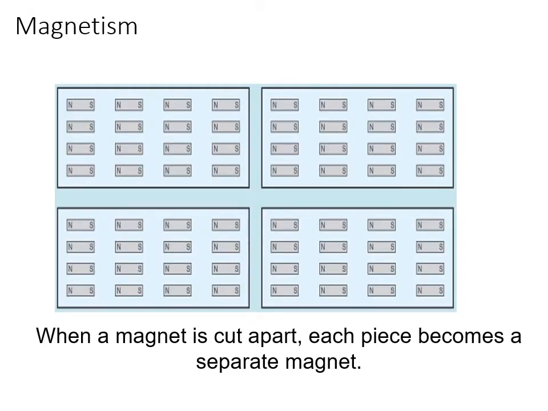And if we take even more of these pieces and put them together, such as taking little magnets and putting them together, we end up with a much larger and stronger magnet. Or, if we take a big magnet and break it into pieces, then we end up with a bunch of smaller magnets.